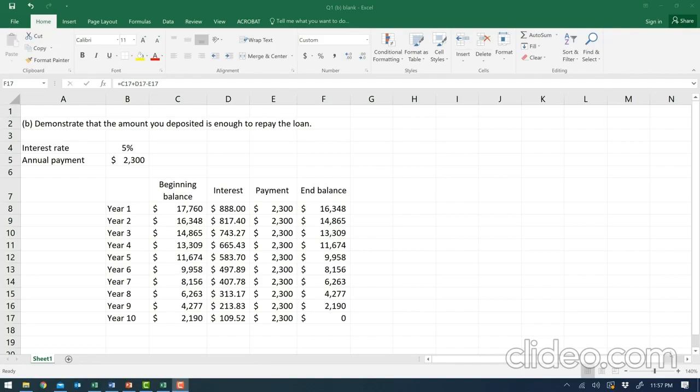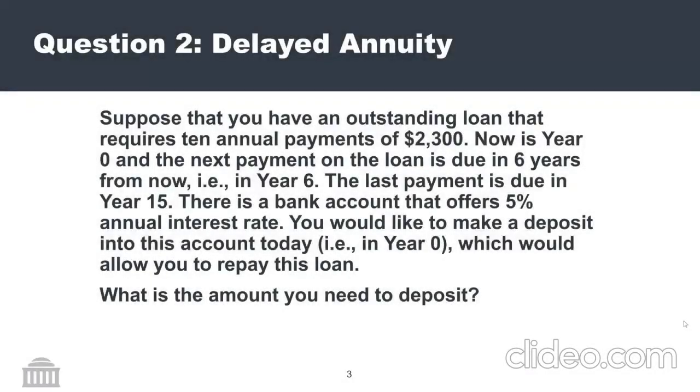Overall, what we learned in this question is how to find a present value of a stream of cash flows that represents an annuity.